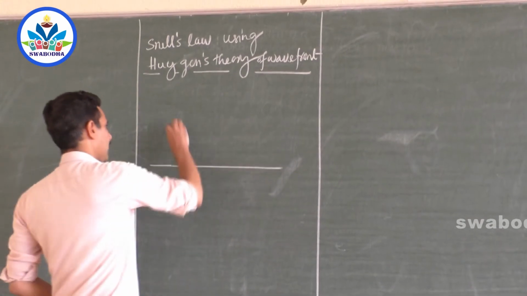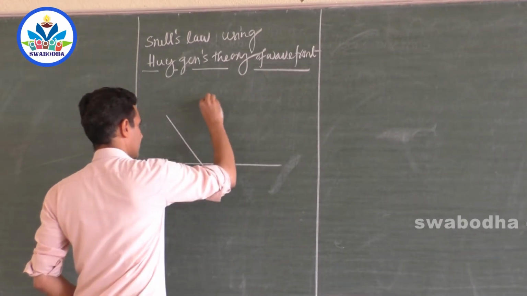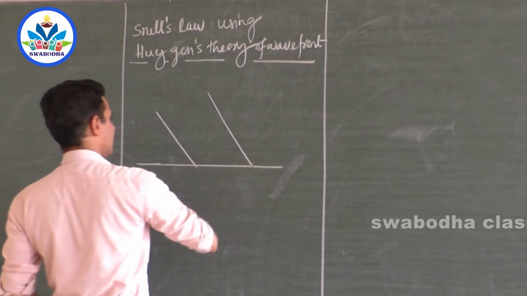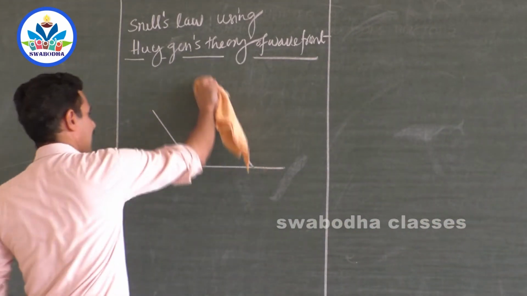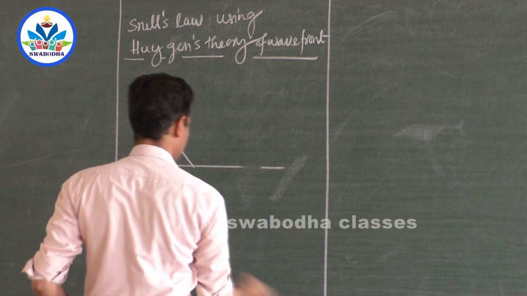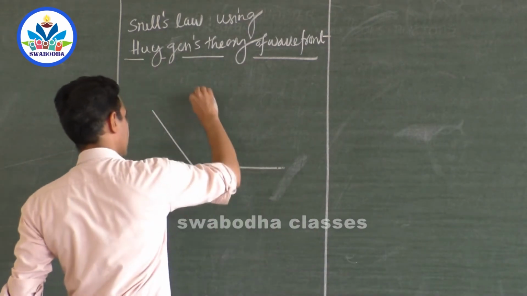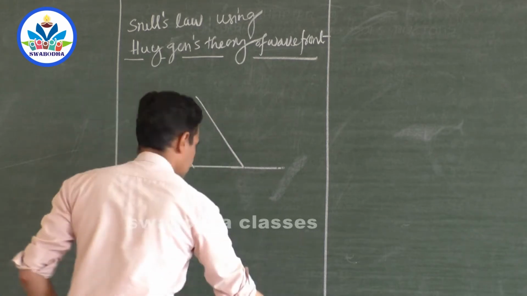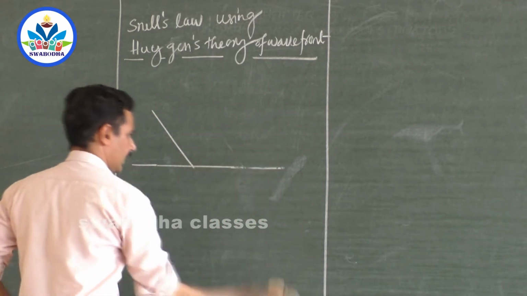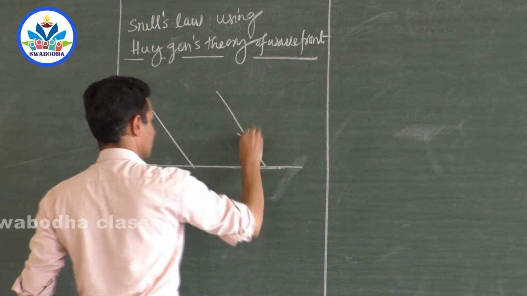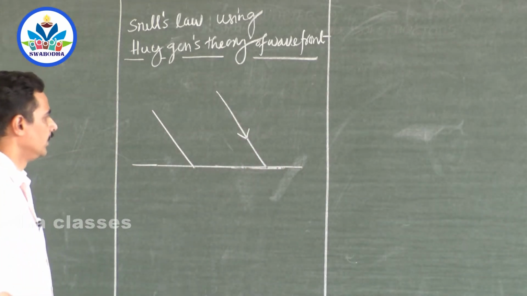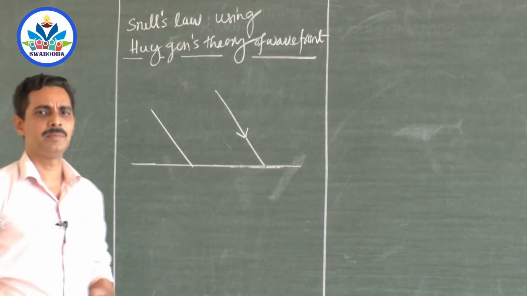Now suppose a parallel beam of light is incident on a refracting surface, say like this. What will happen as soon as it enters the denser medium? Let me make it parallel because I will have to show many rays here. A parallel beam of light contains many wavefronts.